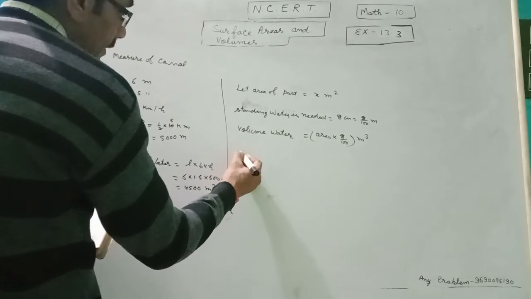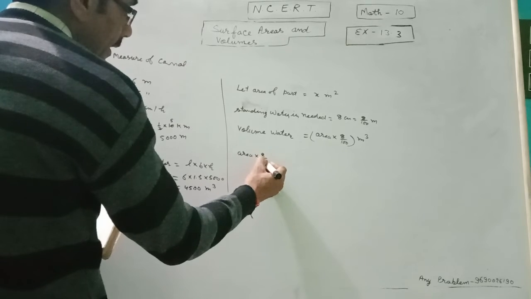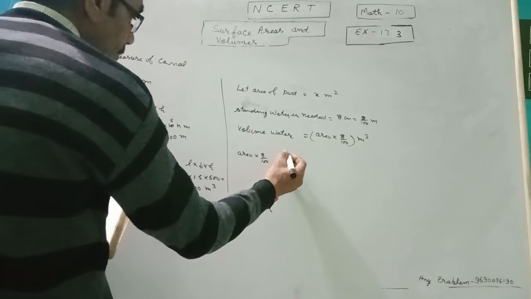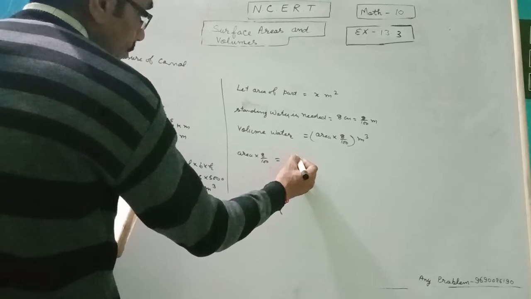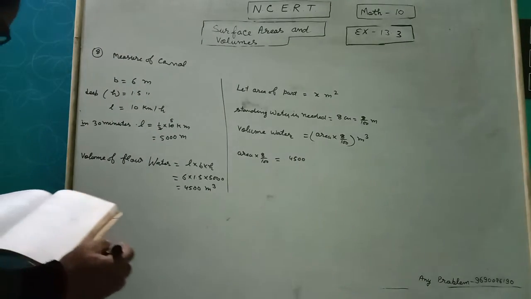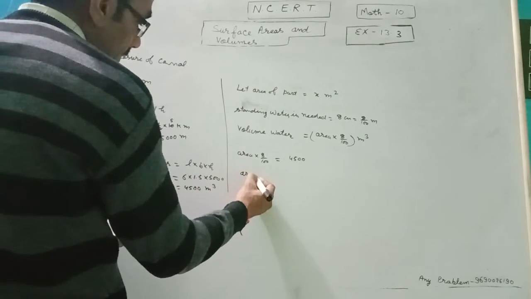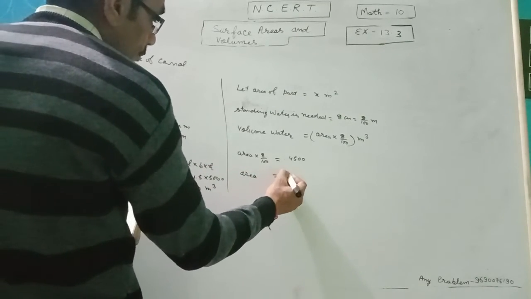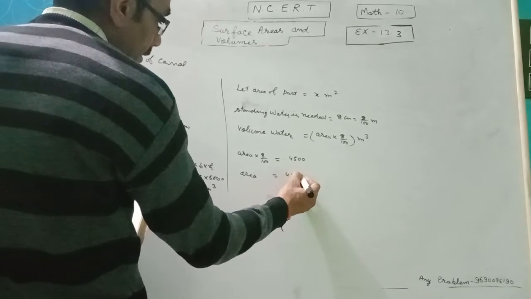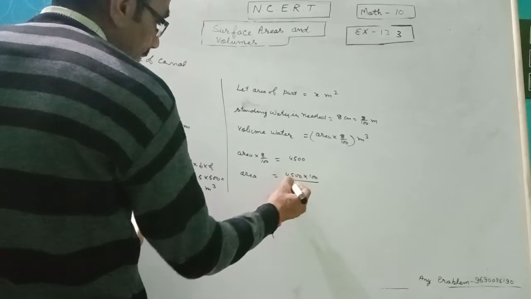According to the question, area into 8 upon 100 is equal to 45000 meter cube. Area will be equal to 45000 into 100 upon 8.